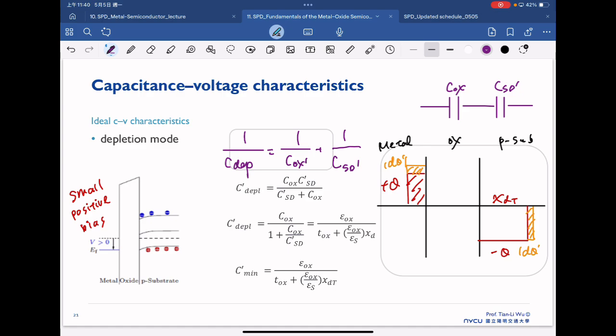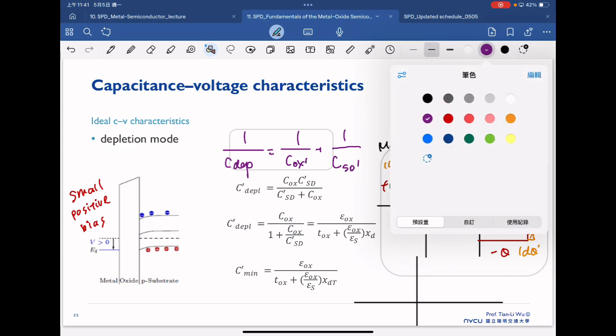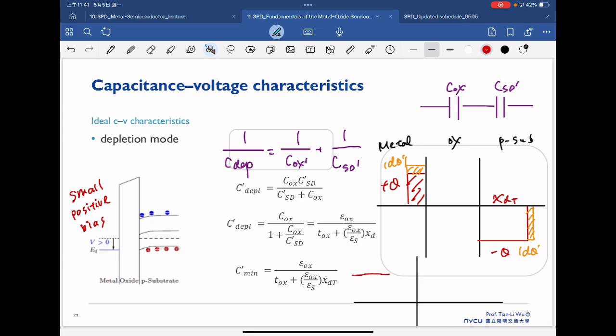Because these are capacitances in series, in the end the capacitance value is reduced. So we can foresee that the previous bias gave us the accumulation C acc, but now we have two capacitances in series, and this capacitance is correlated with our depletion width, which at a certain point reaches the maximum, x dt.